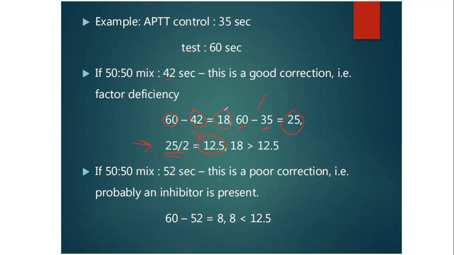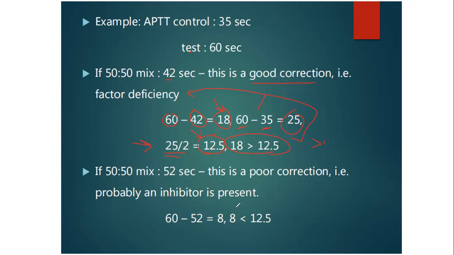And we check if the 18 is within the threshold or not. If it is greater than the threshold, which is 12.5, that means a good correction happened. Good correction, and that means the problem of the patient might be a factor deficiency.